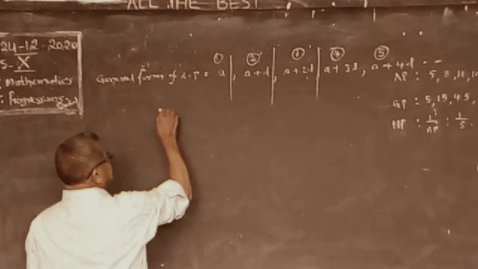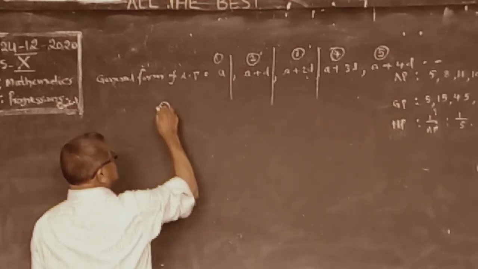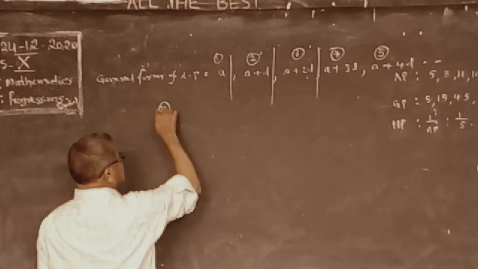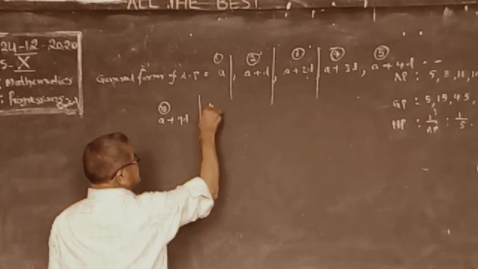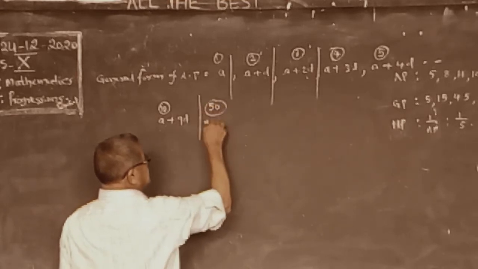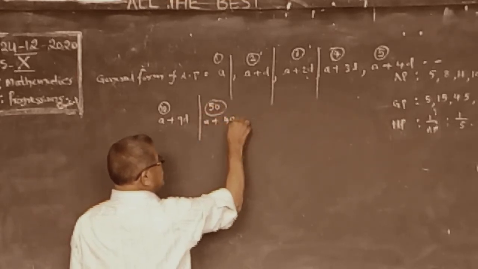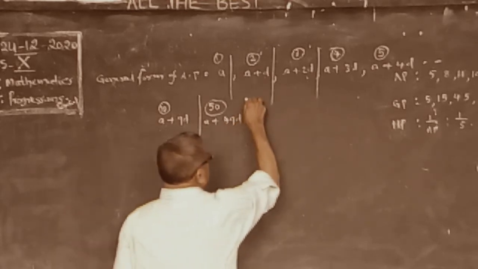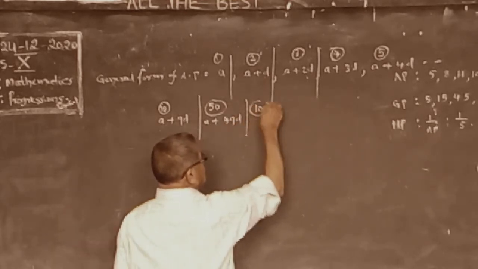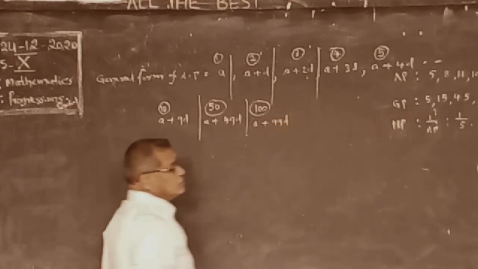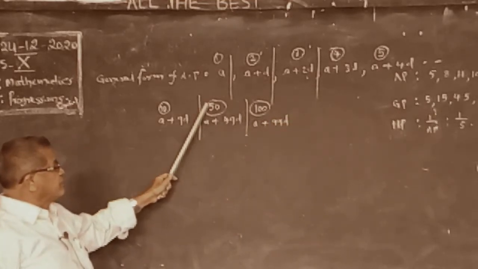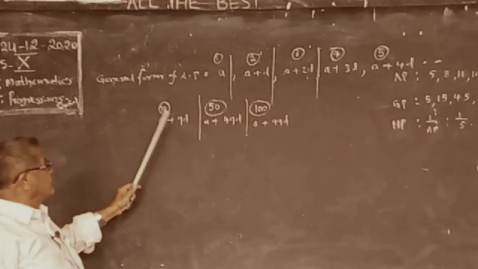Similarly, the 10th term is a plus 10 minus 1, 9d. 50th term, a plus 49d. 100th term, a plus 99d, like 100 minus 1, 50 minus 1, 10 minus 1.